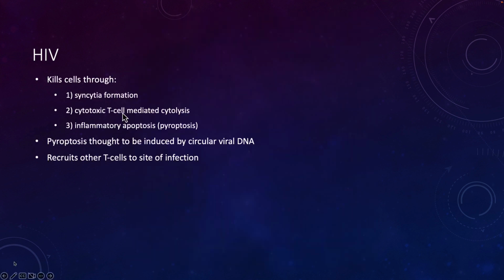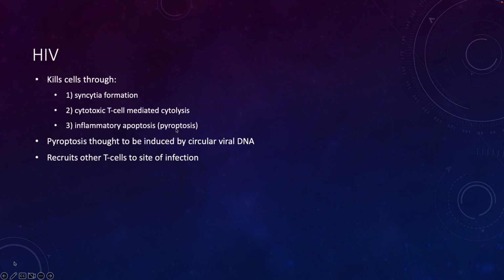The virus can kill cells through syncytia formation, through cytotoxic T cell mediated cytolysis. Basically the CD8 positive T cells will try to kill infected cells. And sometimes cells can undergo what's called inflammatory apoptosis, or pyroptosis.